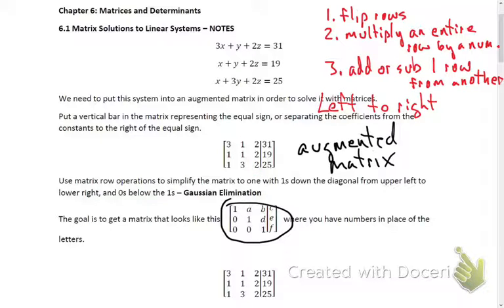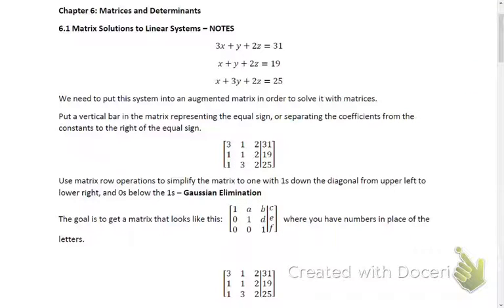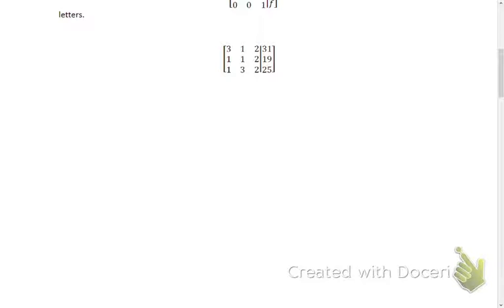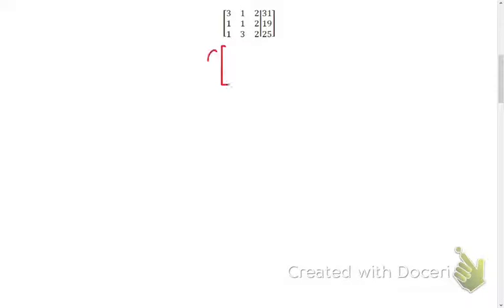Let me get some blank space. I'm going to scroll down some, and I'm going to deal with the matrix you see at the bottom of the screen. First step, let me go all the way up so I have plenty of room. I'm going to flip row 1 and row 2, and I'll write what I do on the left.